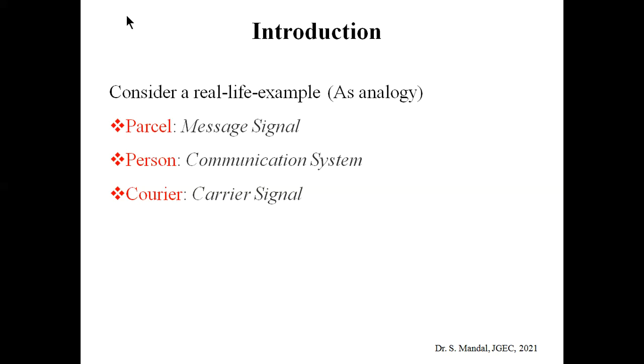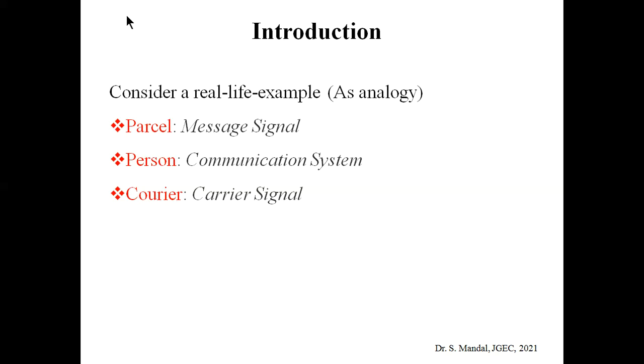That means the parcel needs to be packed, and we need to write down the corresponding destination address, and you need to pay the respective charges, and after that the courier will deliver the parcel. Okay, so let us make this example an analogy with the analog communication system. Consider that the parcel is the message signal for our communication system.